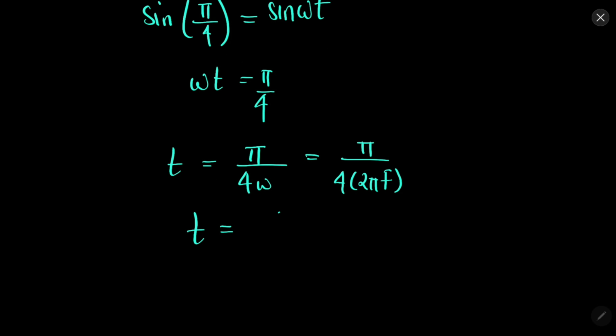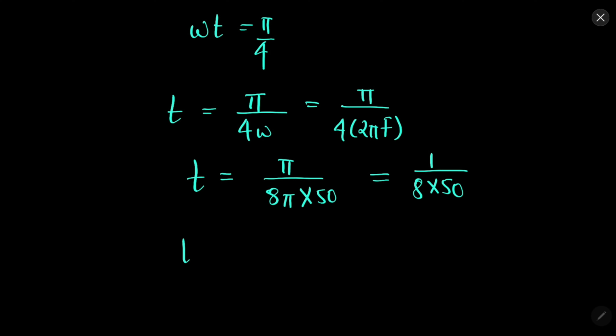So t will be pi over 8 pi into frequency, which is 50. Pi will get cancelled. So what we will have, 1 over 8 into 50. So time period will come out to be 0.0025 seconds or 2.5 milliseconds.